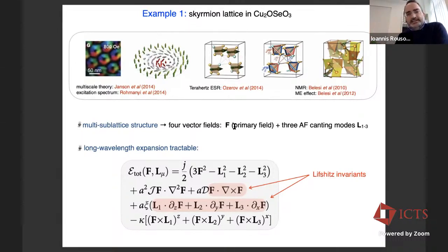And the total magnetization, which I call here F, is a kind of ferrimagnetic order parameter, the primary order parameter in the story, which is drawn here. And then you have these 3 antiferromagnetic modes that are possible in this multi-sublattice structure. And then you can derive a long wavelength expansion of the energy, and then you can readily identify the linear derivative terms. So this is one example where such Lifshitz invariants are easy to identify.